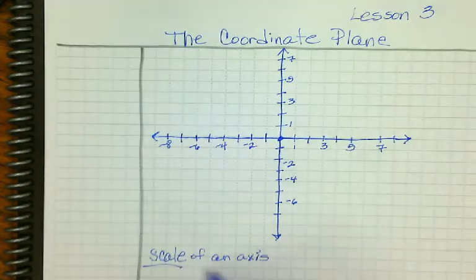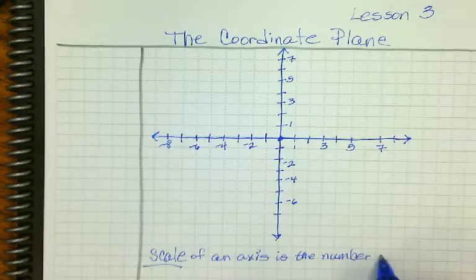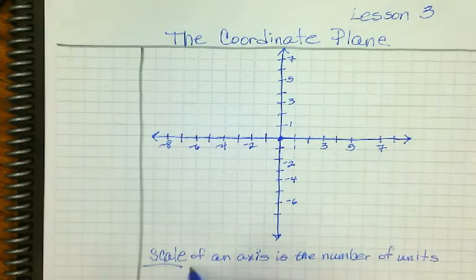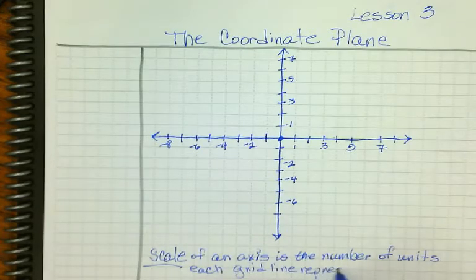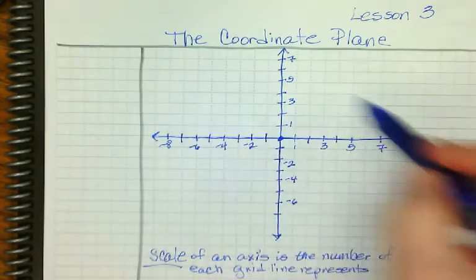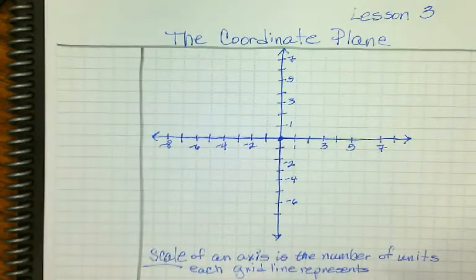Okay, so the scale of an axis is the number of units each grid line represents. Okay, so the scale of this graph is 1, right?